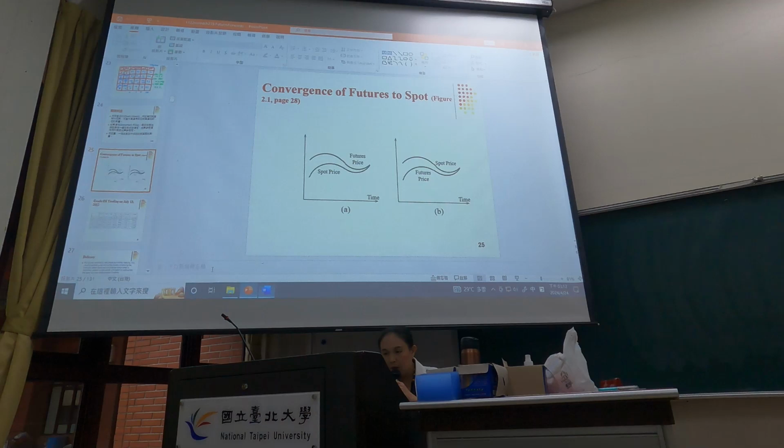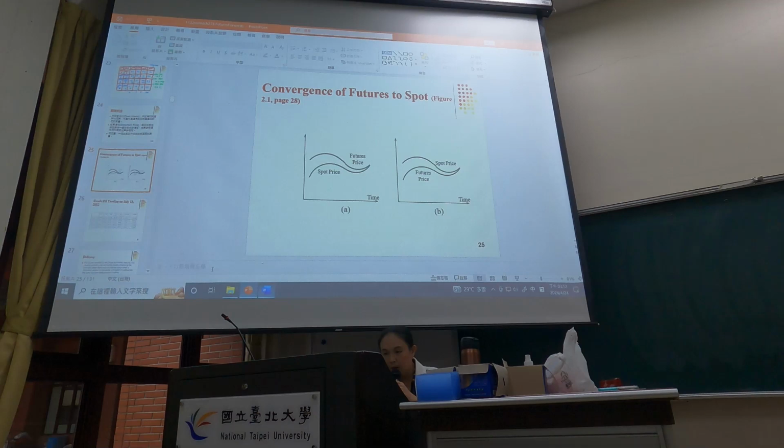At time T, both the futures price as well as the spot price become ST, right? So they will converge together. You guys follow me so far? No matter which kind of movements it follows, eventually at time T, if there is no arbitrage opportunity, ST equals E(ST), which equals your F0 at the beginning of the time.